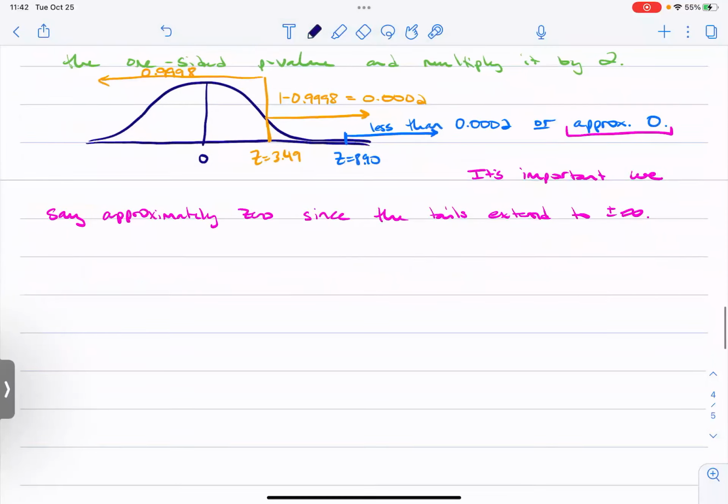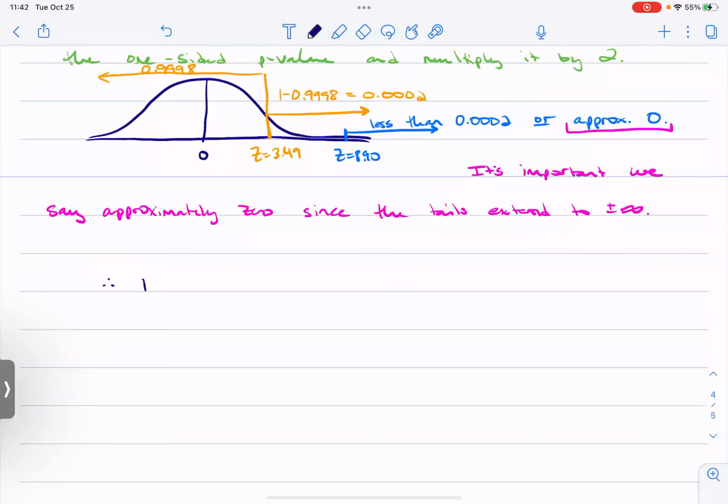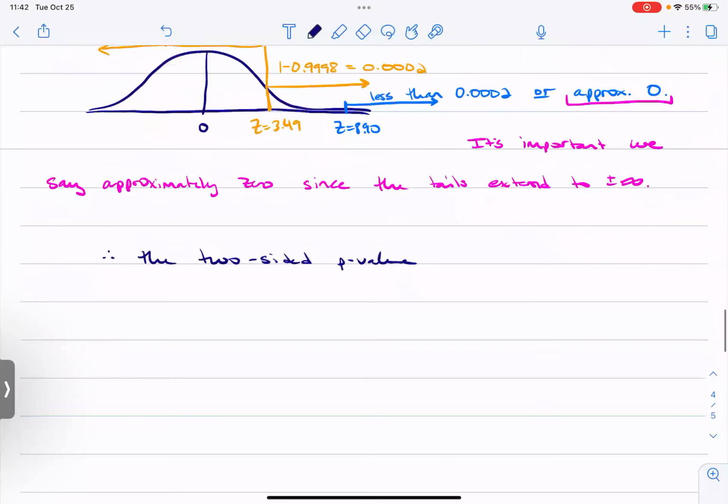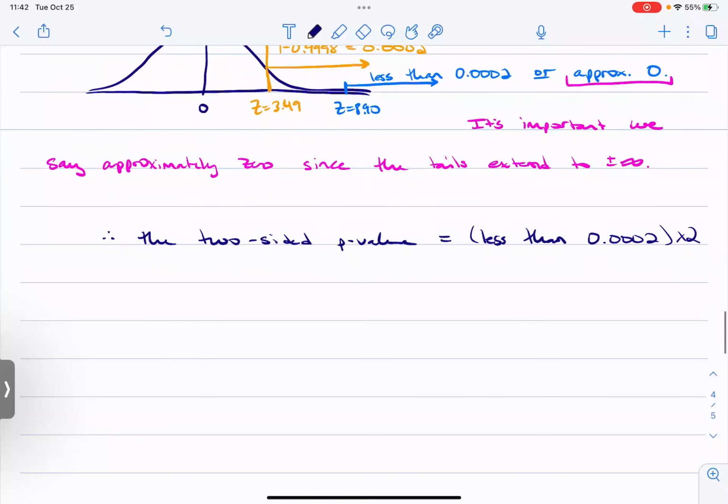So therefore, the two-sided p-value is going to be less than 0.0002 times 2, which is less than 0.0004. That's an answer.